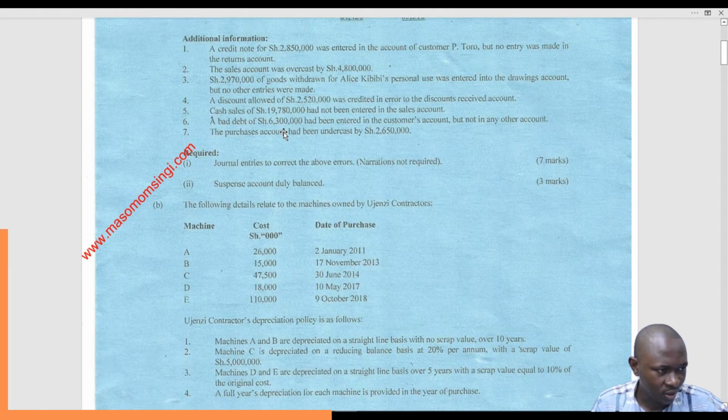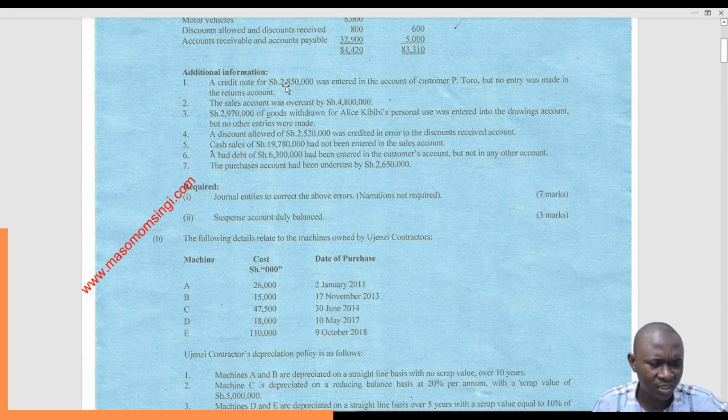So what happened? A credit note for 2850. A credit note is normally issued when, say in this case, the customer has been overcharged. Chances are very high that this customer returned some of the goods back to the shop. So upon his returning the goods, he was issued with a credit note to reduce the amount that he had been charged on the invoice.